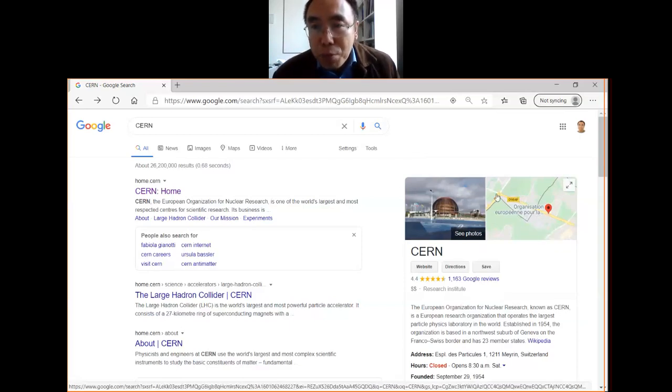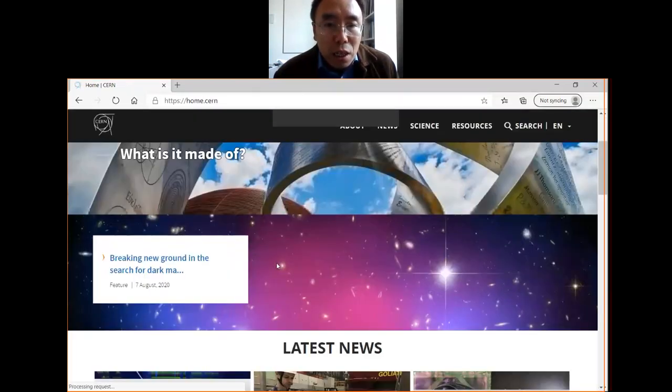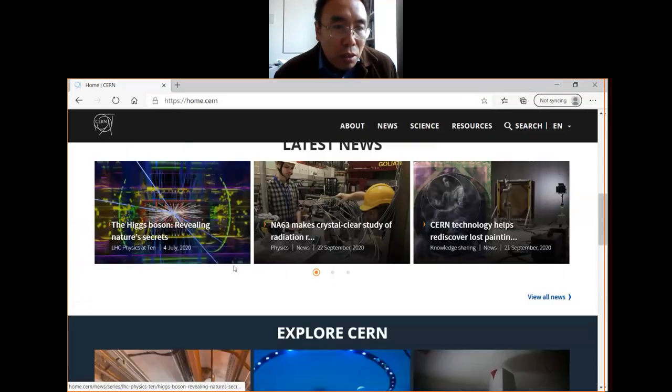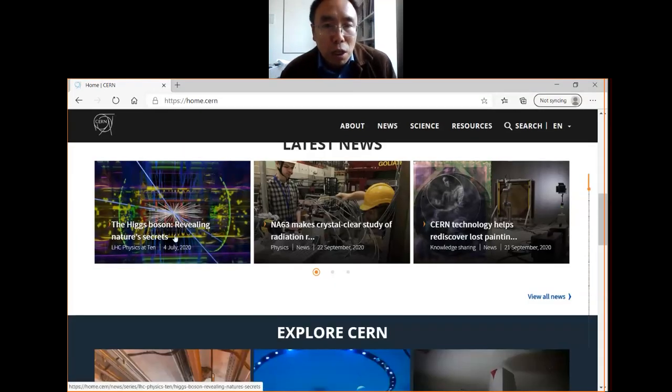The orbit for this proton beam is 27 kilometers, under the city of Geneva. The total perimeter is 27 kilometers. If you remember, this place is where they discovered the Higgs, which won the Nobel Prize a few years ago.